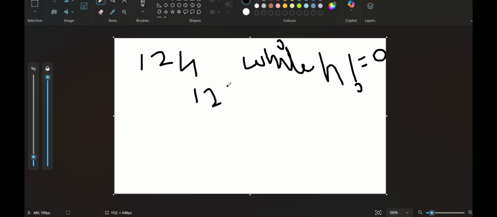Okay, I need to take the modulus of 124 with 10. Then I got the value 4. I am going to store it in the variable temp.